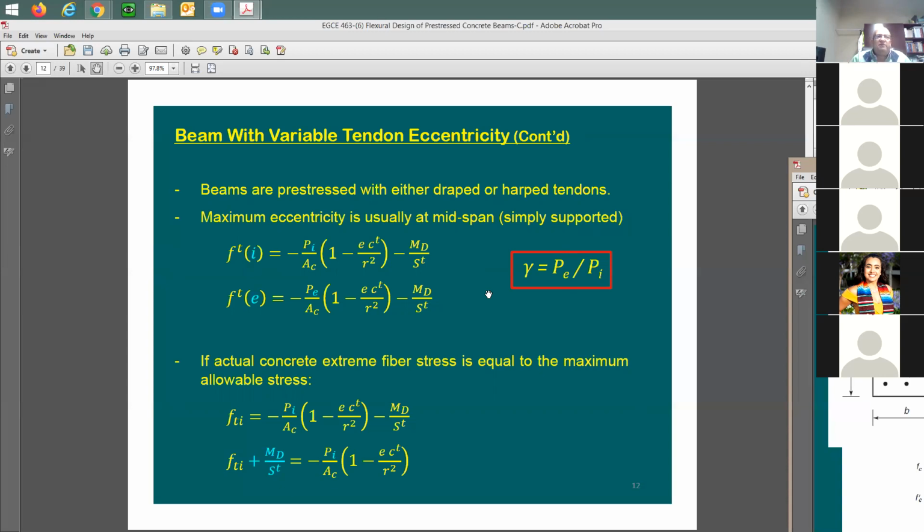I'm going to have a change here from Pe to Pi. If I'd like to use here this gamma, and this gamma is going to be equal to Pe over Pi, what value do you think this gamma is going to be? If I told you, for example, the loss is going to be 20%, what value would you give to this gamma?